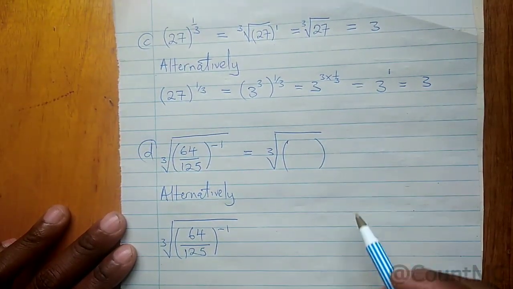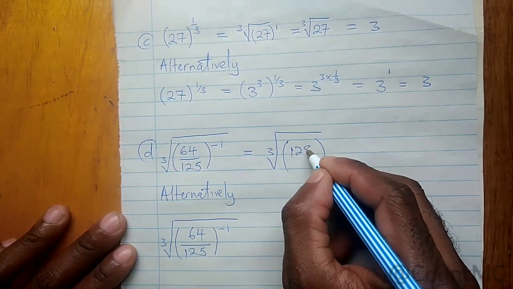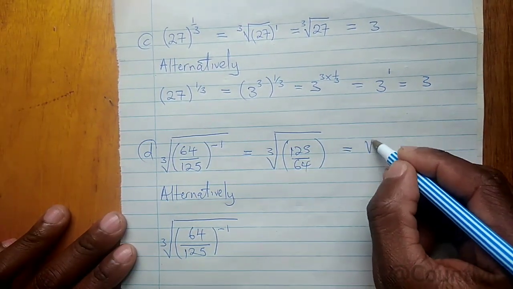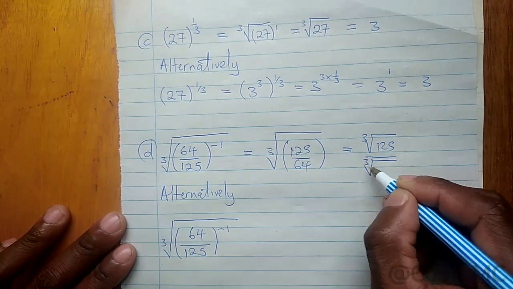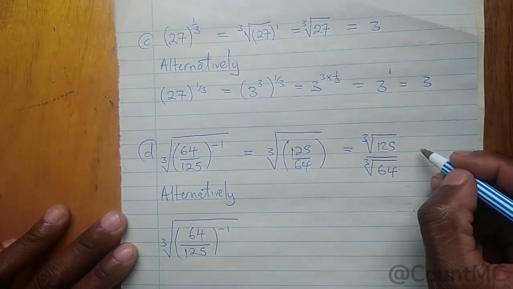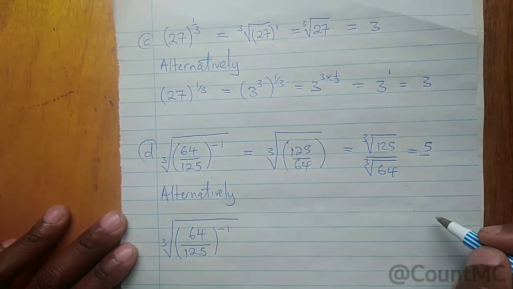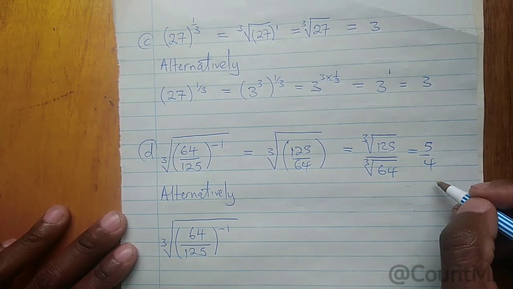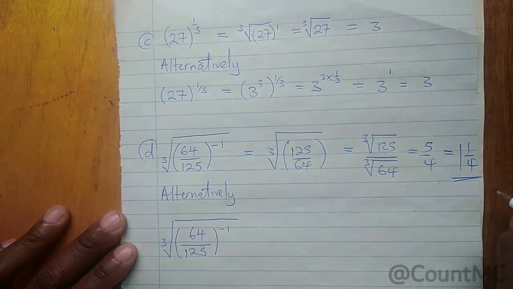If you remove the negative, you invert whatever is inside, 125/64. This will be cube root of 125 divided by cube root of 64. Cube root of 125, that's a 5. Cube root of 64, that's a 4. This will simplify to 1 1/4.